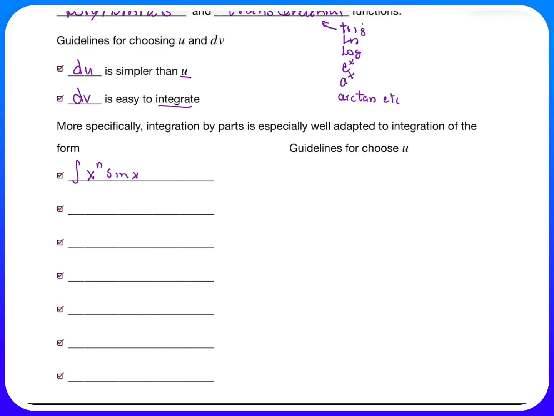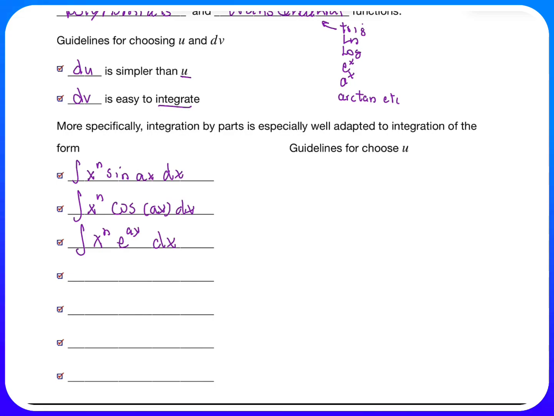So our first one: if I ask for the integral of x to the n power times sine of something, like sine of ax, I have a trig function times a polynomial. I could use sine or cosine. Or if you have a polynomial times e to a power.